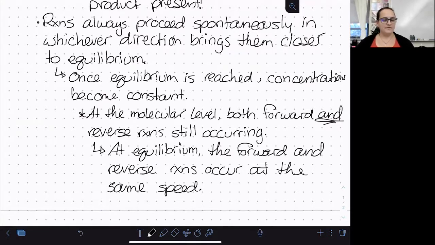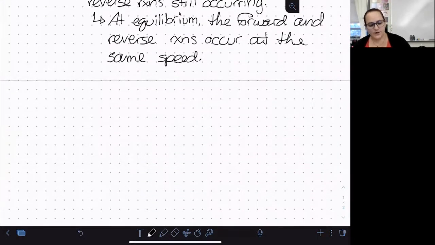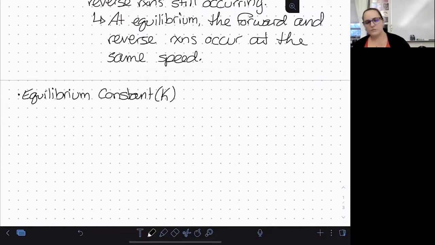So we can have drastically different amounts of products and reactants, drastically different ratios, and we describe that ratio using what's known as an equilibrium constant, which is symbolized by a capital letter K. Please do make sure you use a capital K. Lowercase k is a different type of constant.